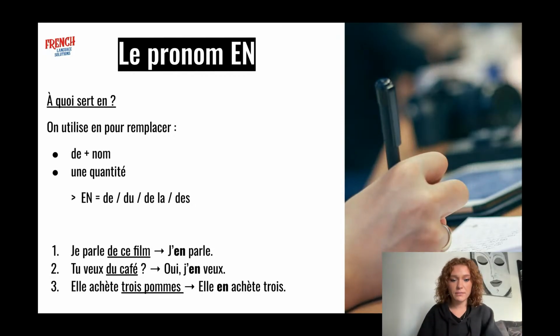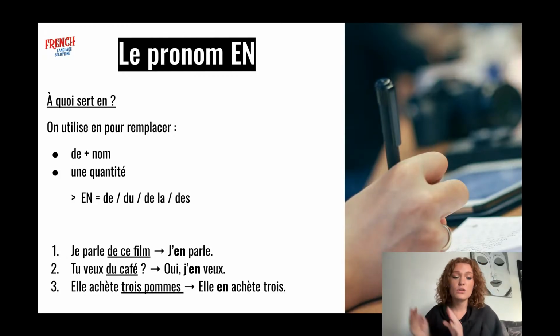Let's see, for example, here. If I say, je parle de ce film, that means I talk about this movie. Here, my noun is de ce film, meaning about this movie. All of my group of nouns starts with de. I can change all of that, de ce film, and replace it with the little pronoun en.